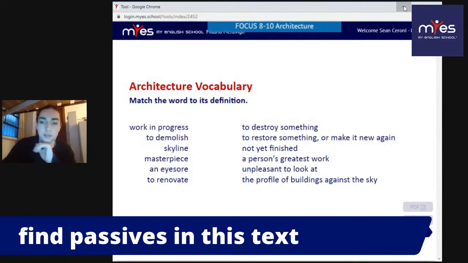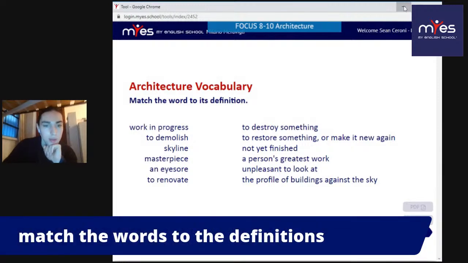And we have the definitions. To destroy something, to restore something or make it new again, not yet finished, a person's greatest work, unpleasant to look at, the profile of a building against the sky.